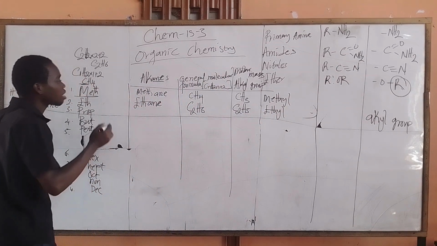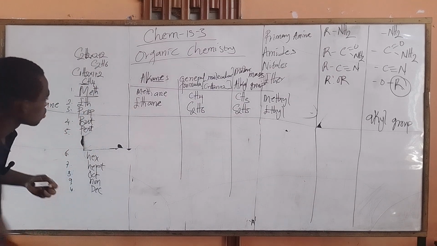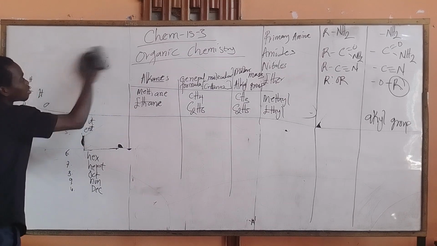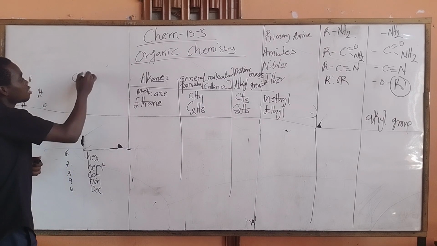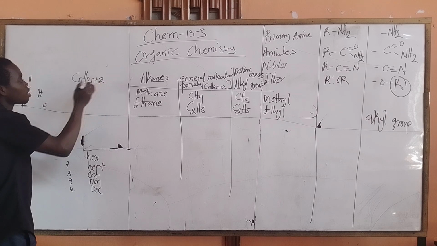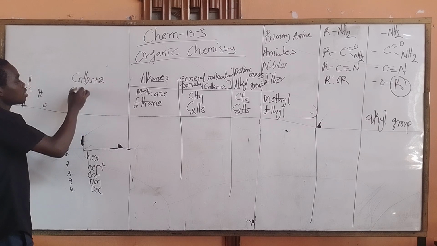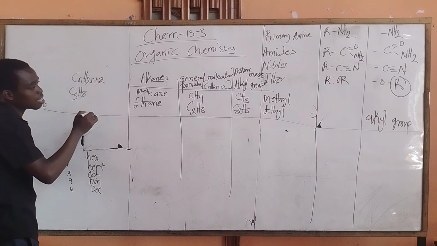And let's come back here. Let's substitute 3 into this formula. So I can bring this back. CnH2n plus 2. If I substitute 3, I'll have C3, H2 times 3 is 6 plus 2, that's 8.